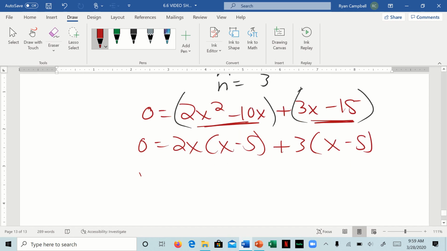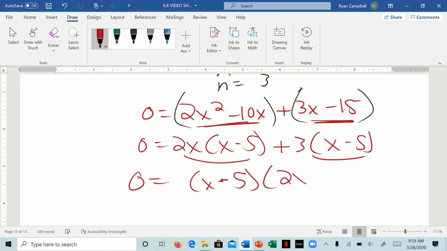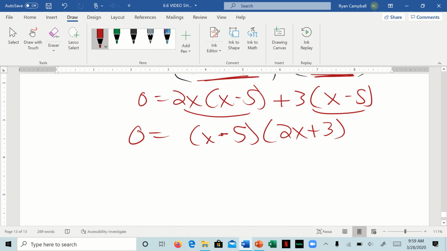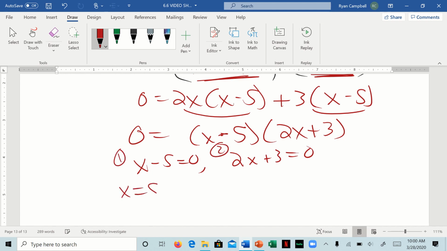What's in common with both of those is x minus 5, and what's left over is 2x plus 3. So we have factored. Step 3 in solving by factoring is to use the zero product property. So we have x minus 5 equals 0 and 2x plus 3 equals 0. And then we solve. In the first case, x equals 5. Second case, x is negative 3/2.